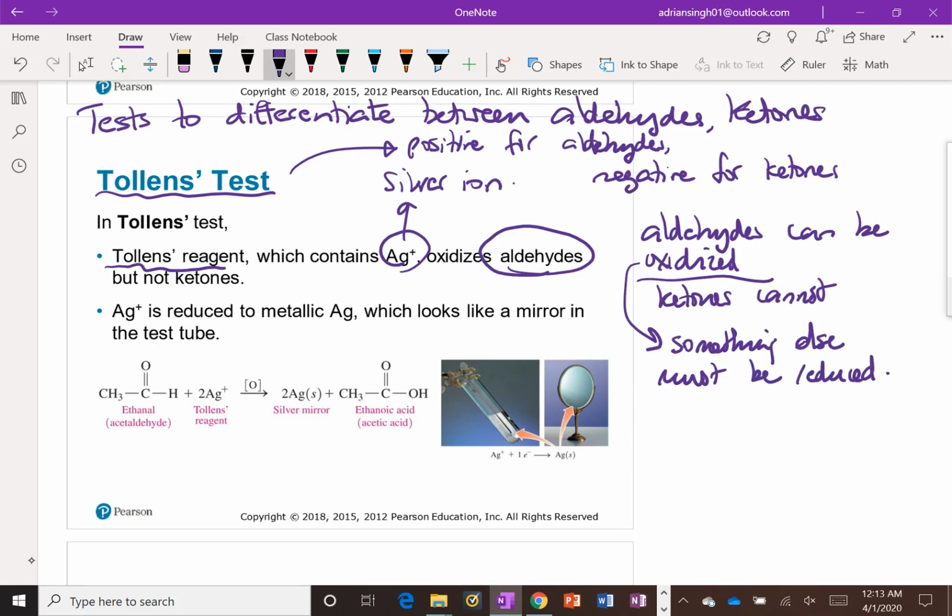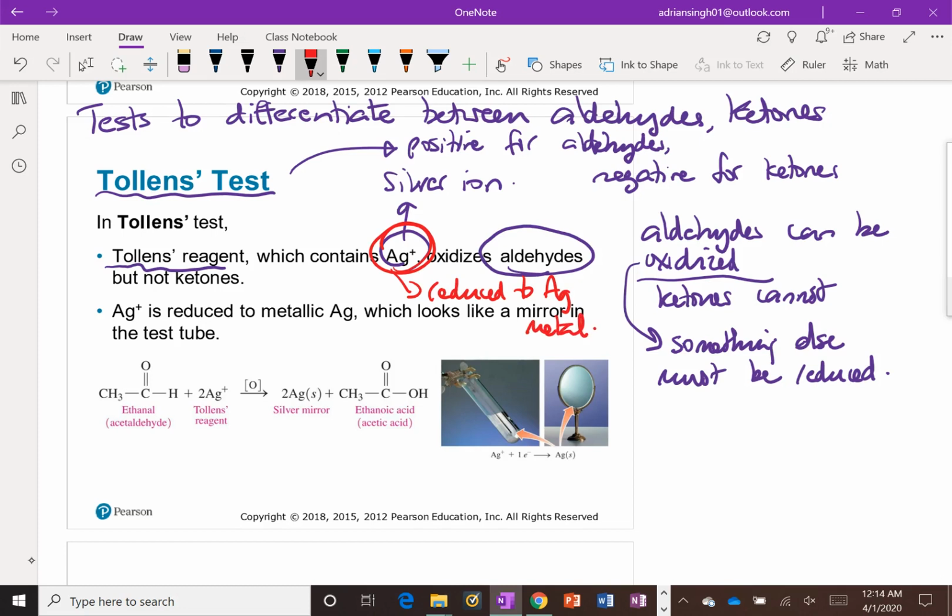So we're taking advantage of what we mentioned at the beginning here. If the aldehyde is being oxidized, which it can be, something else must be reduced. And what's being reduced in this case is the silver ion, which becomes reduced to silver metal.